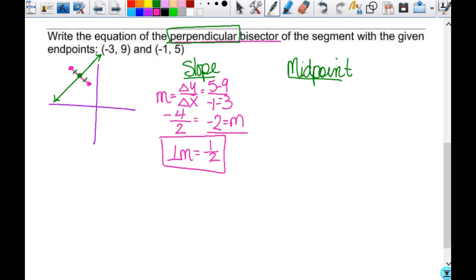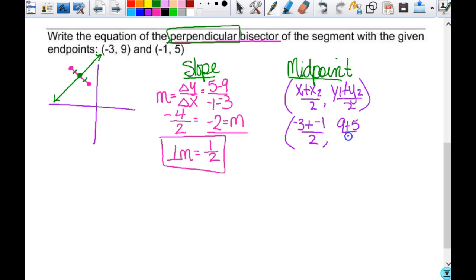Okay. All right, so then midpoint. My midpoint equation is x1 plus x2 over 2, y1 plus y2 over 2. So midpoint formula is easy. This is going to give me -3 plus a -1 over 2, 9 plus 5 over 2.